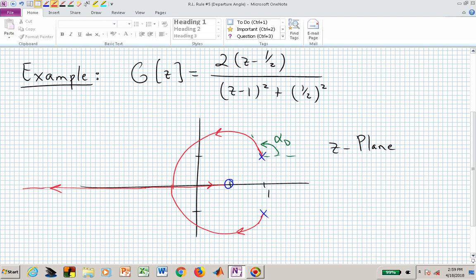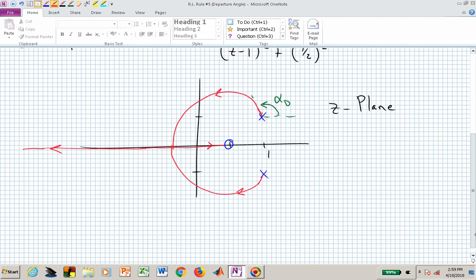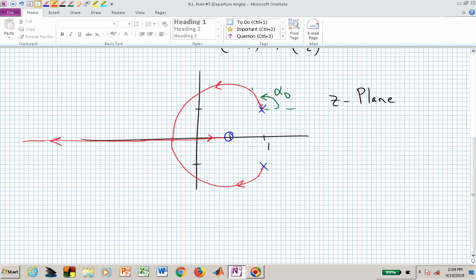And the way that we can find that is, in fact, by using the phase angle condition and examining a point very close to one of those complex poles. Let's choose this one just for consistency. We'll choose the complex pole that's in the upper half of the z-plane.